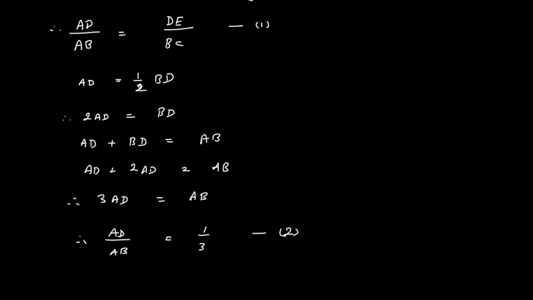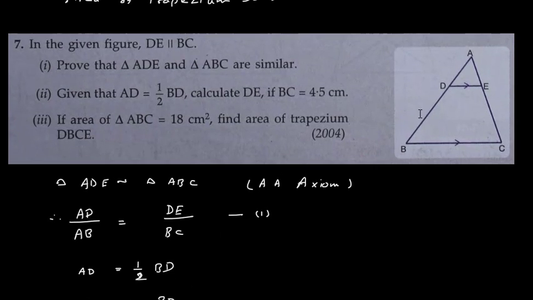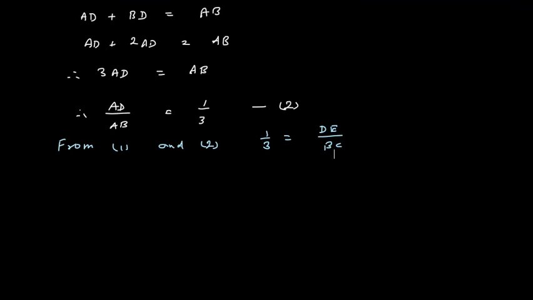So from 1 and 2, in place of AD upon AB you will write DE upon BC. So 1 divided by 3 is equal to DE upon BC. Now in your problem the value of BC is 4.5.